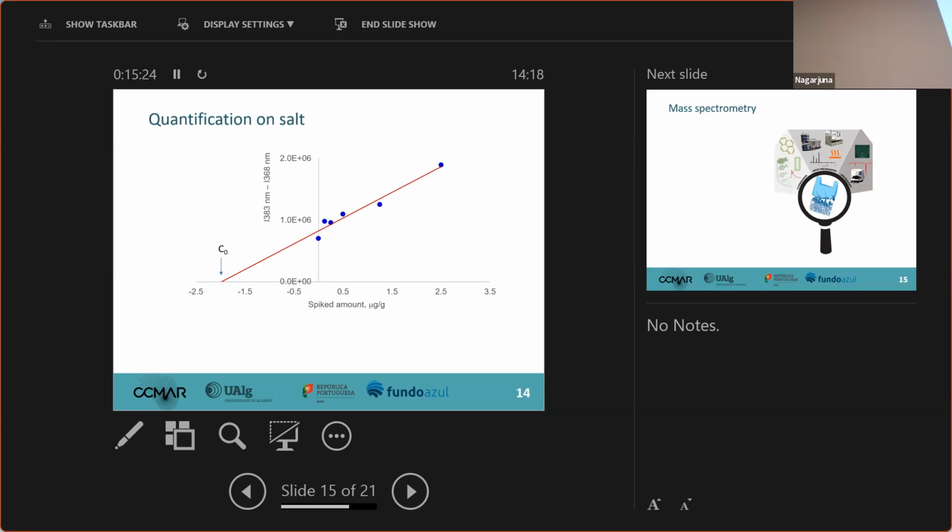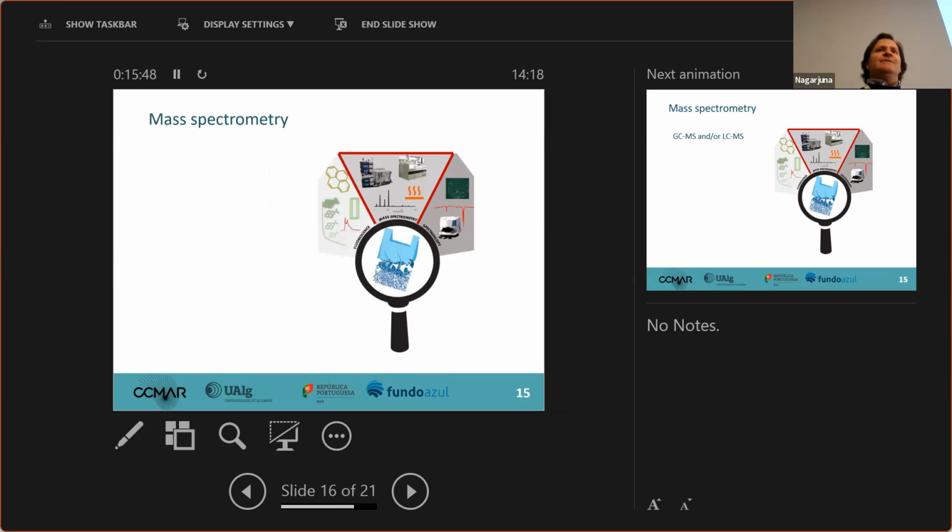Okay, but fluorescence gives an indication of the amount, but it doesn't tell you what particles you have there, if you have polystyrene or polyethylene, whatever. So you need an additional method to check the nature of your particles. Okay, and the method can be mass spectrometry.